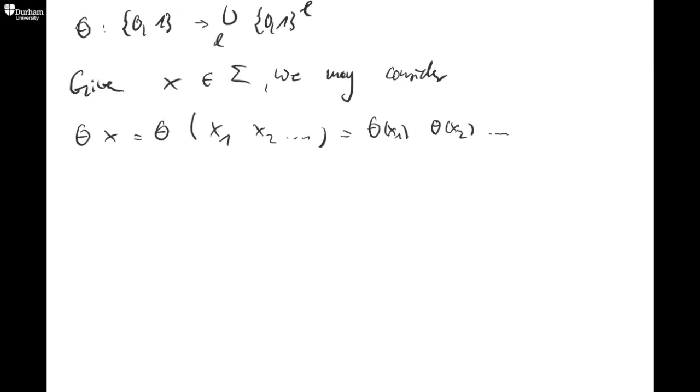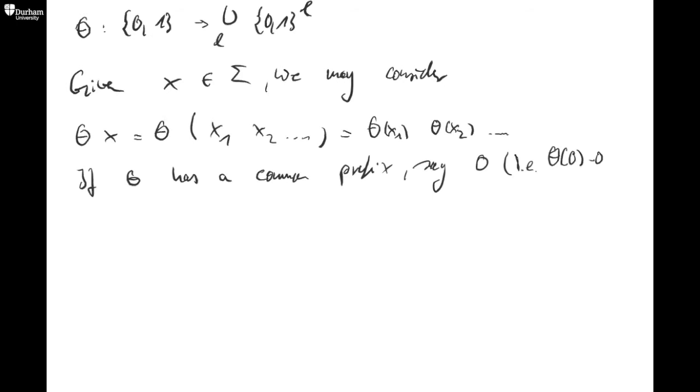Now, if we have not just some substitution, but a substitution with a common prefix, what can we tell about this image of x under theta? So if theta has a common prefix, say, just for the sake of definiteness, a common prefix 0. So the first entry of this word is 0, and the first entry of this word is also 0.